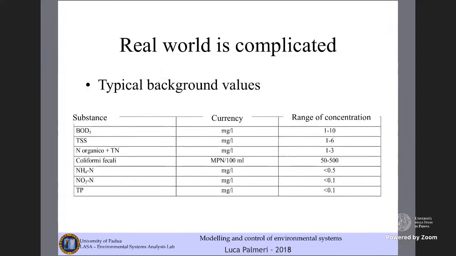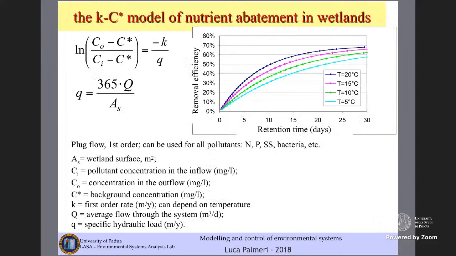Okay, then I have proposed to you the Kadlec and Knight model of nutrient abatement in wetlands. It is a very general model, but it is applicable to several pollutants. It can be used, for example, for nitrogen, phosphorus, suspended solids, bacteria, and so on.